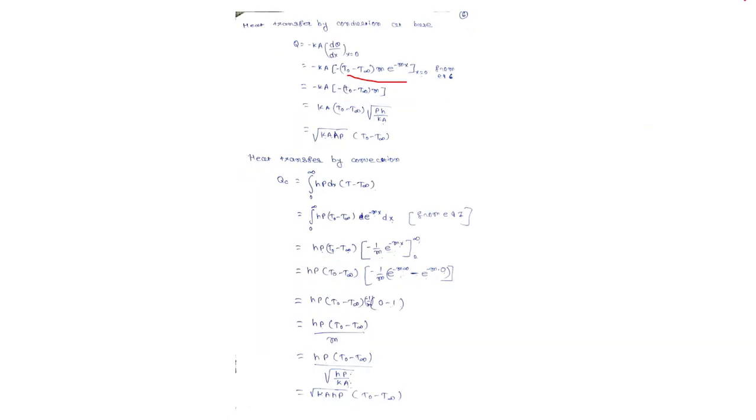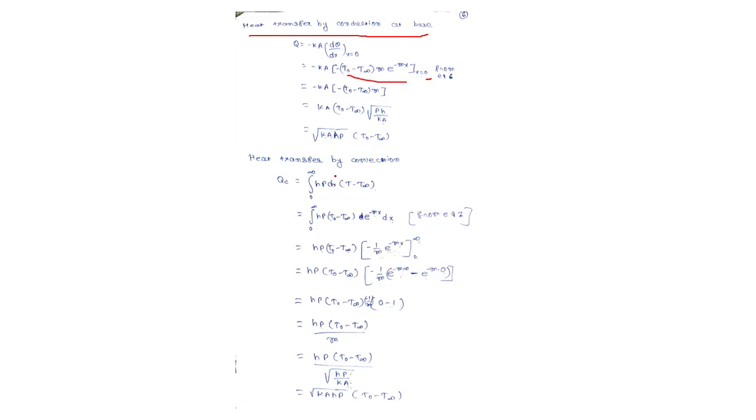So putting this in, at the base x equal to 0, it is minus kA times minus (T0 − T∞) times m, and we all know that m is equal to √(hP/kA). So rearranging this equation, we get √(kAhP)(T0 − T∞). It is the heat transfer by conduction at the base.